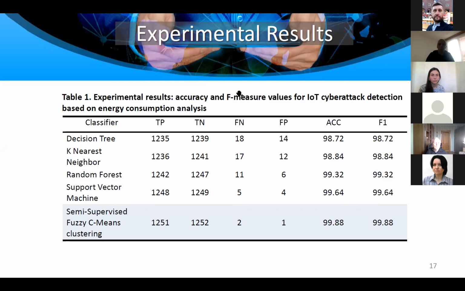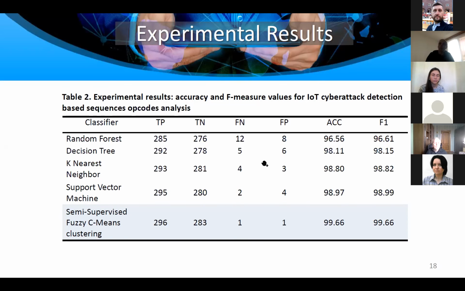At the same time, as shown in Table 2, the analysis of the opcode sequences of suspicious software will allow localizing the program on the device, which is the source of the IoT cyber attack. As can be seen from the experimental results, the highest efficiency was obtained using semi-supervised fuzzy C-means clustering.